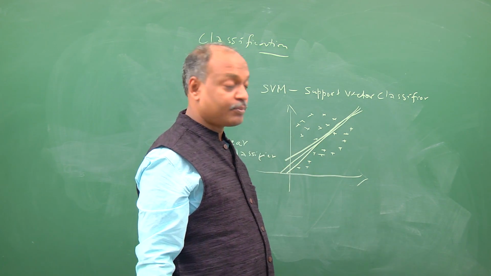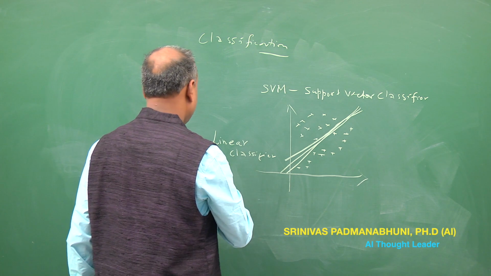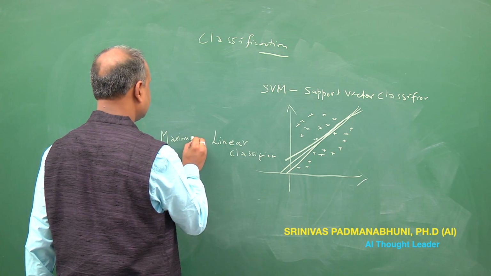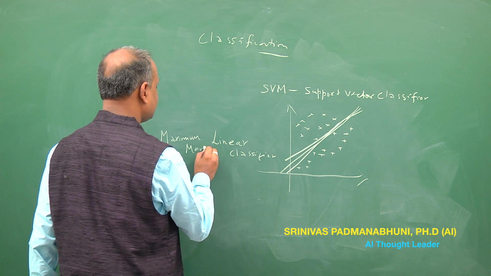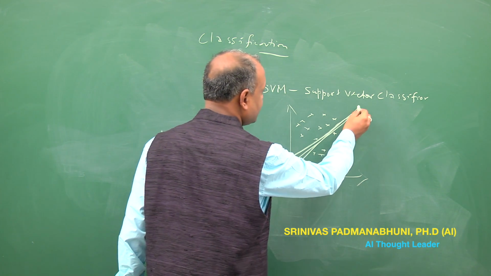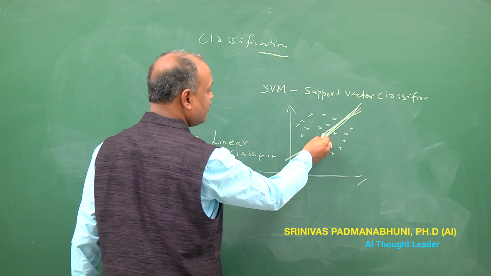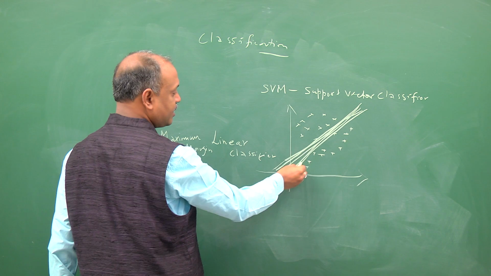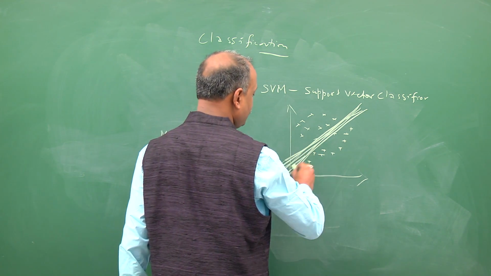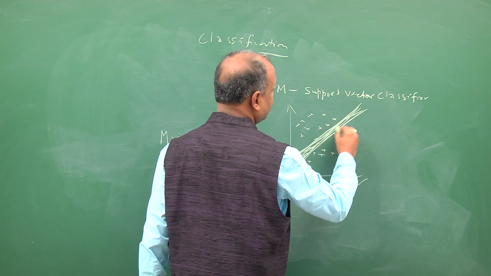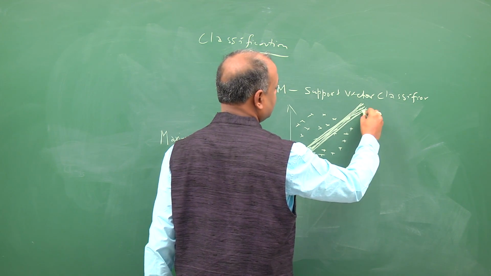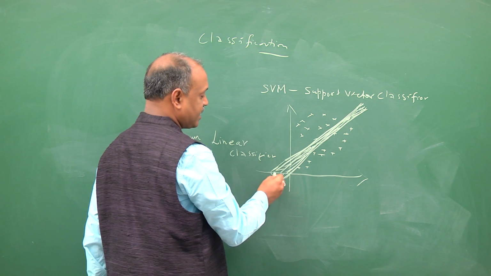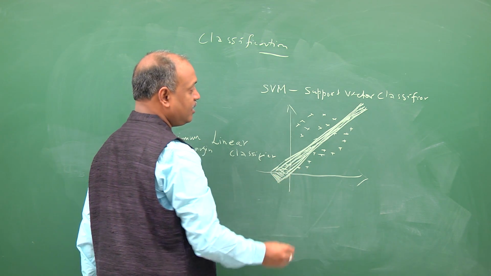That is why we concentrate on what is known as the maximum margin linear classifier. When we say maximum margin linear classifier, it's actually a band, a rectangular region, which is able to separate both the regions. This band is called the maximum margin linear classifier.